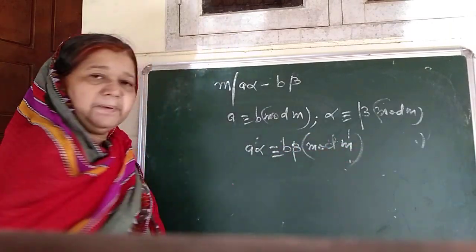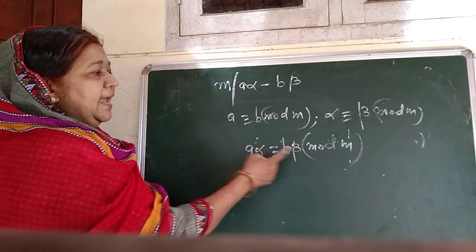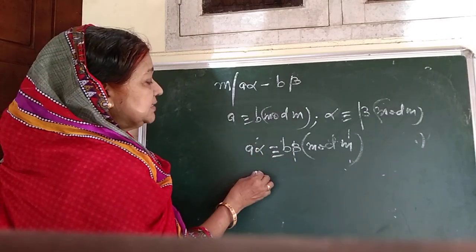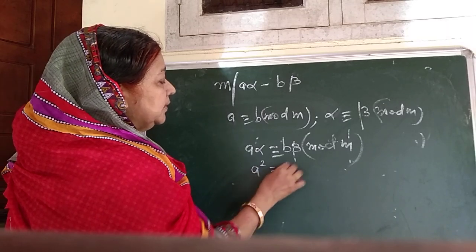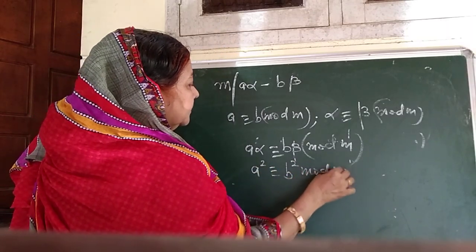So if we replace alpha by a and beta by b, we get a squared is congruent to b squared mod m.